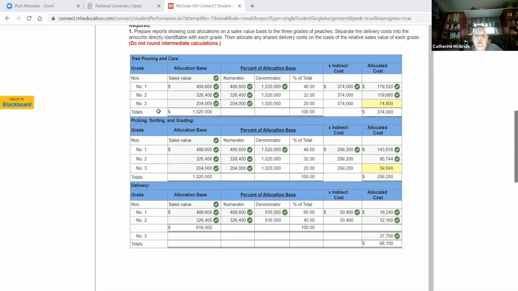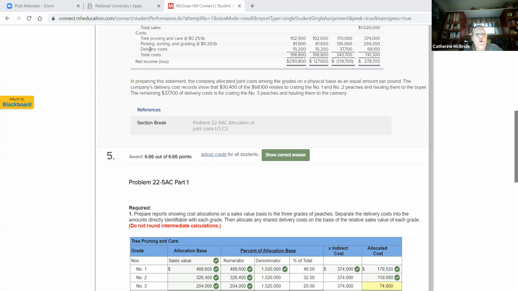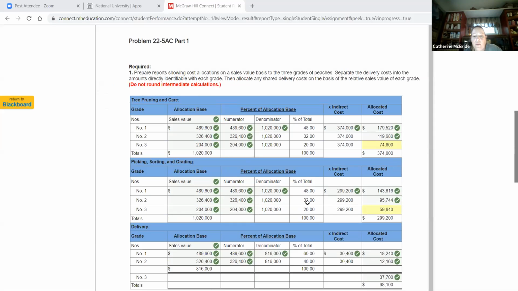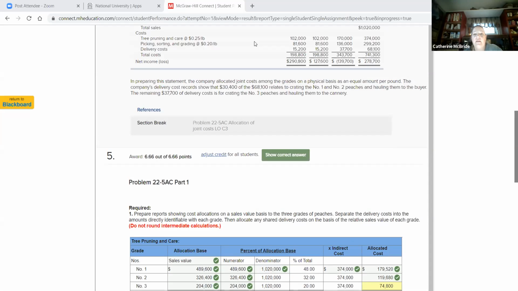And then we're going to do the same thing for each of these. So like the pruning and care, we have our sales volume, our denominators, and the total. The reason this total is different is we're just doing 2 departments. So all we're going to do is take the cost for pruning, which is 374,000.